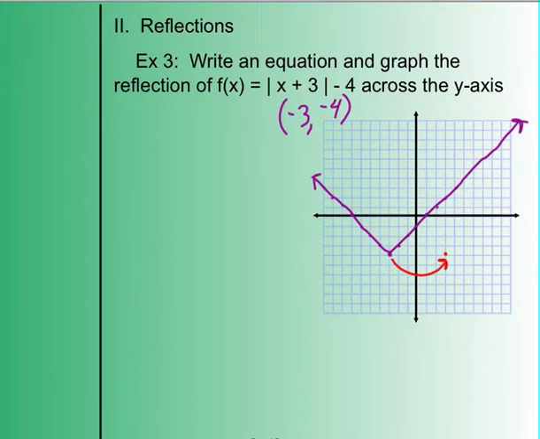So thinking about this point flips to here, this point flips to here, this point is on the y-axis, and then this one flips over here. So we've got our left slope of -1, and our right slope will be +1. So the only thing that changed here was our vertex. Our vertex is now +3, -4.